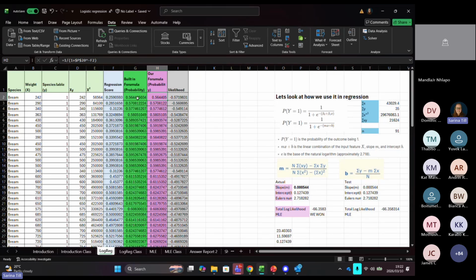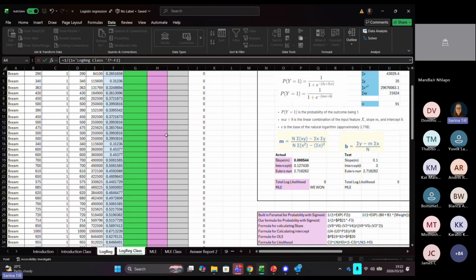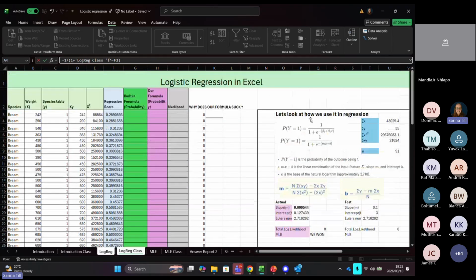Or do you want to do our manual one first, where we say 1 divided by 1 plus Euler's number to the power of, and this is the outcome of our regression score. So let's do our own formula and then compare it with the Excel formula to see if we're doing it right. Okay, so what should we say? What is the sigmoid function?